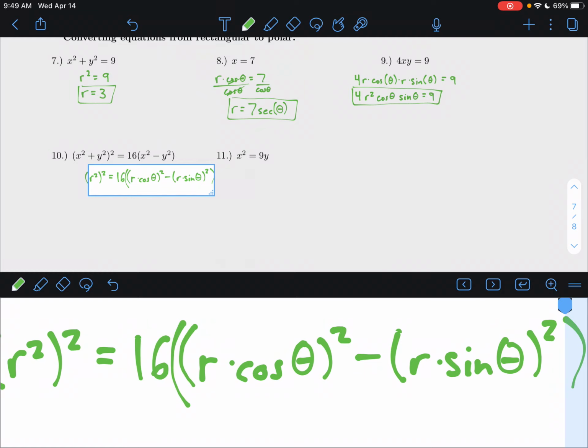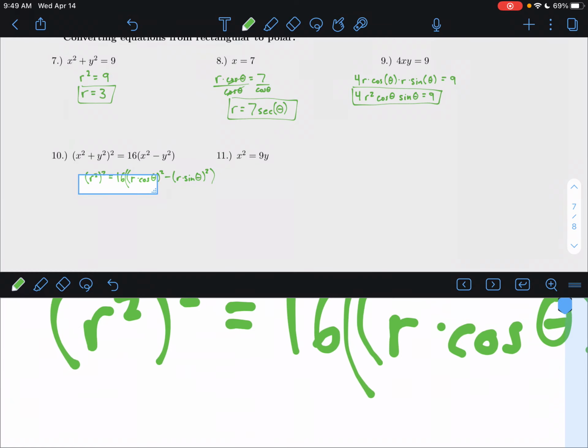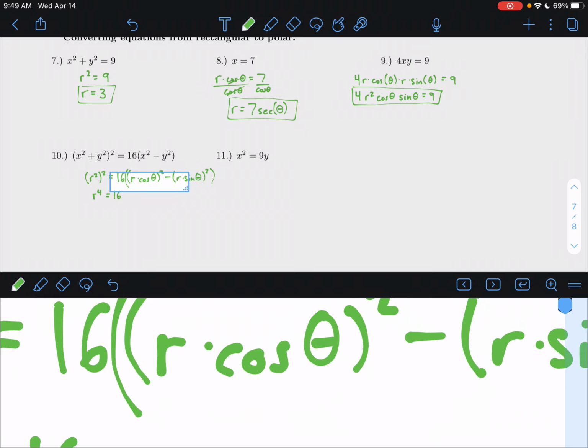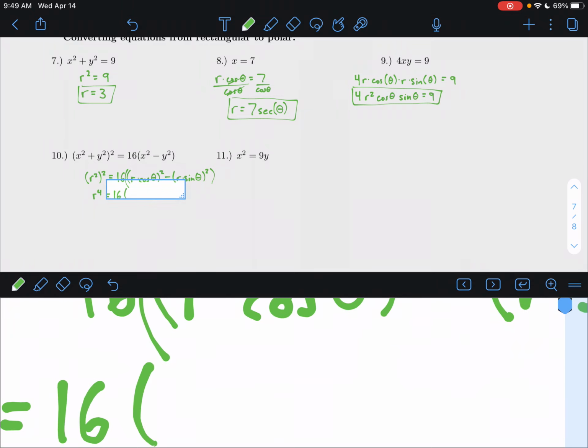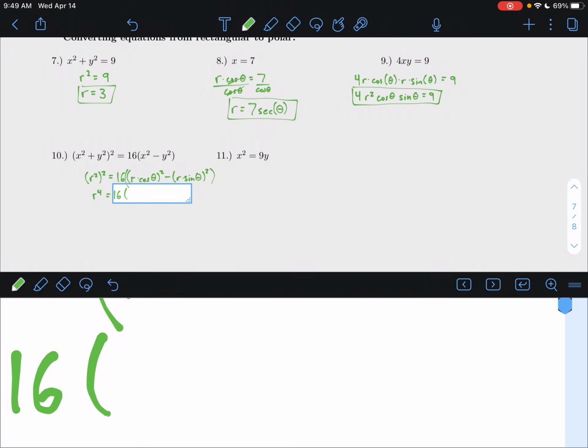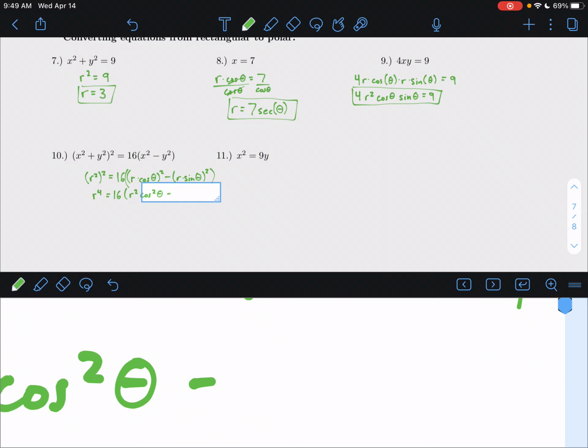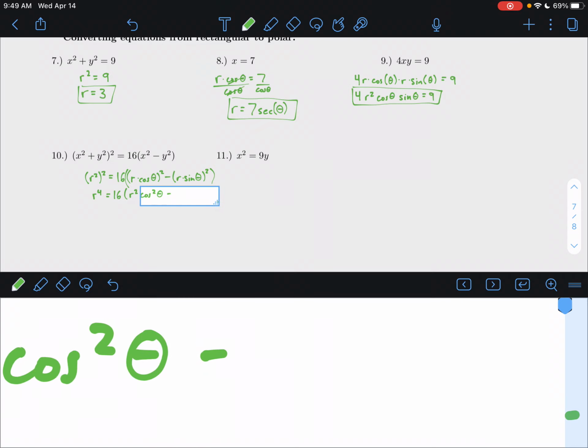Let's simplify. r squared squared is r to the 4th. I have 16 times (r squared cosine squared of theta minus r squared sine squared of theta).